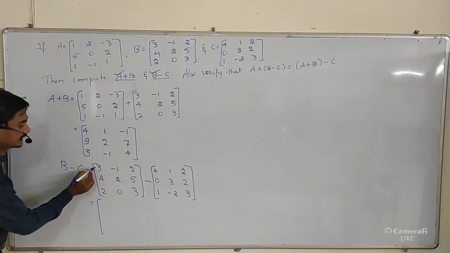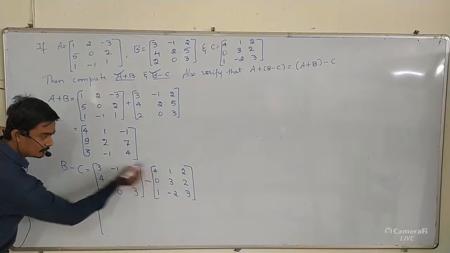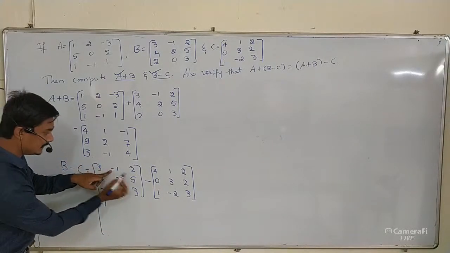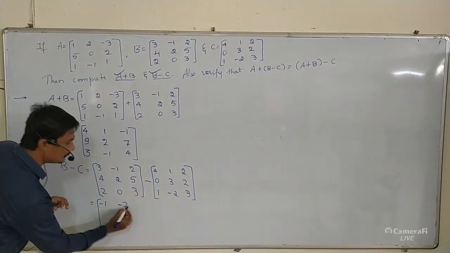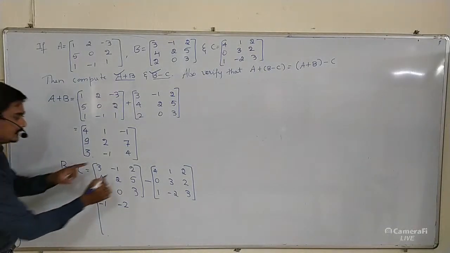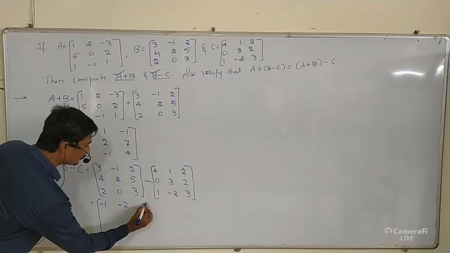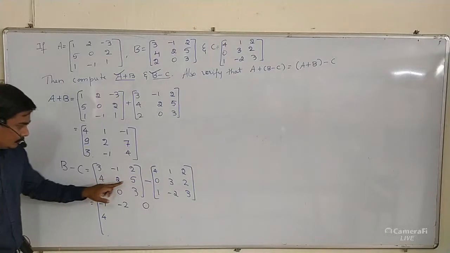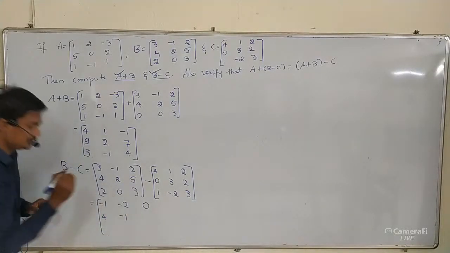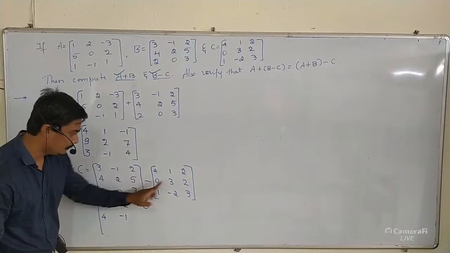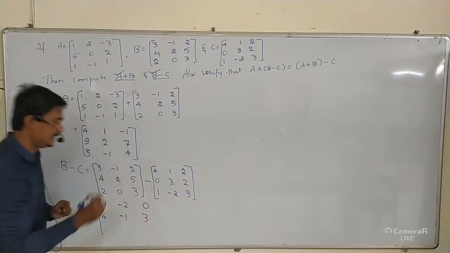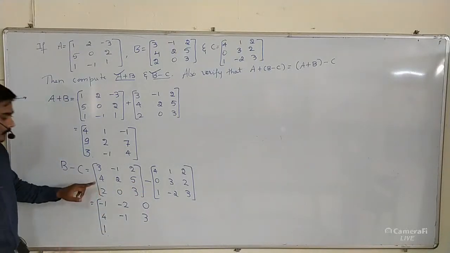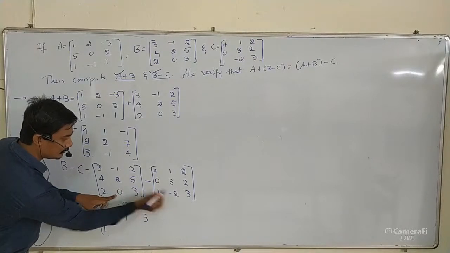So if it is plus 3, this is minus into plus, minus 4, plus 3 minus 4, it is minus 1. Here it is minus 1, this is minus 1. What do we get? Minus 2. This is plus 2, this is minus 2, 0. 4 minus 0, 4. 2 minus 3, minus 1. 5 minus 2, 3. 2 minus 1, 1. 0 minus into minus plus 2.